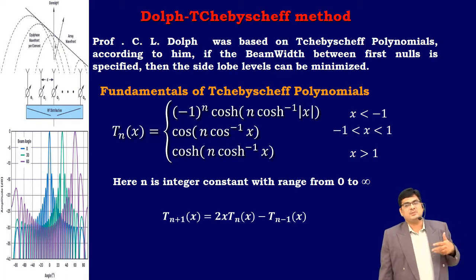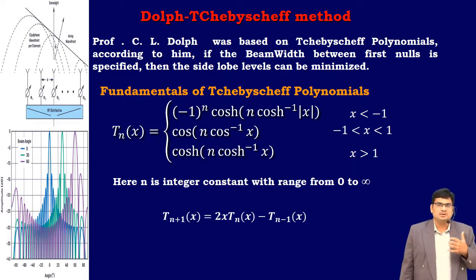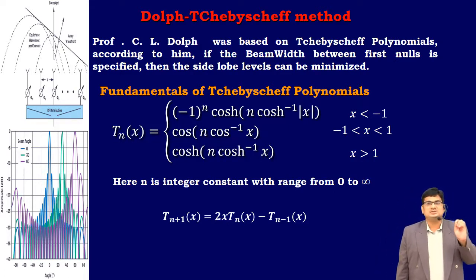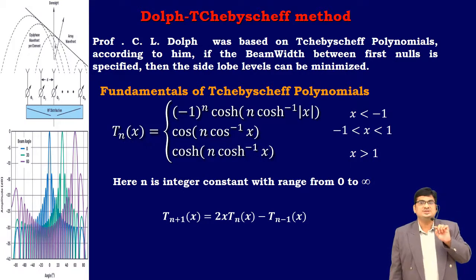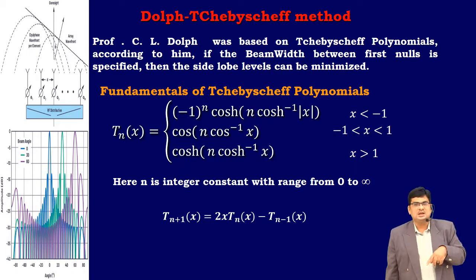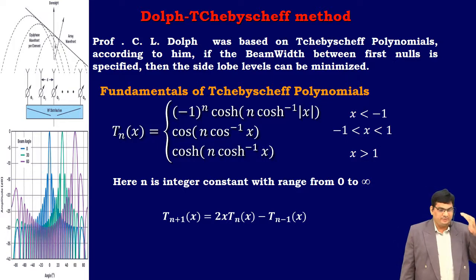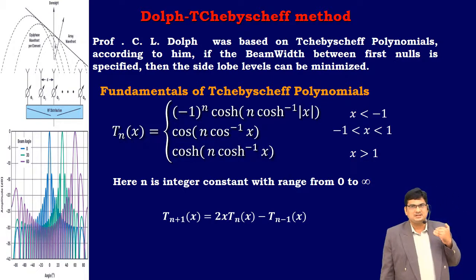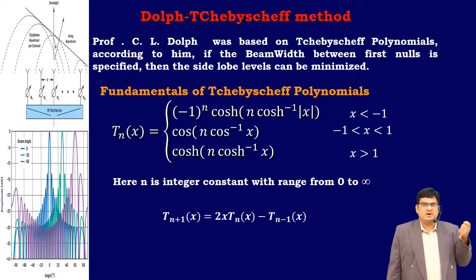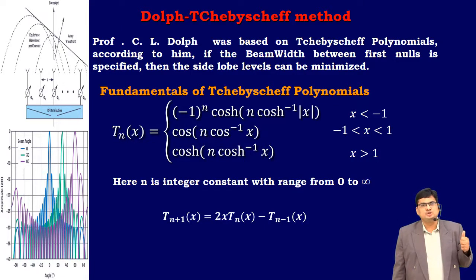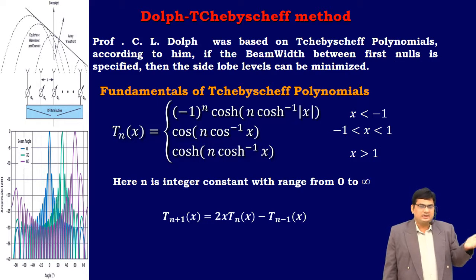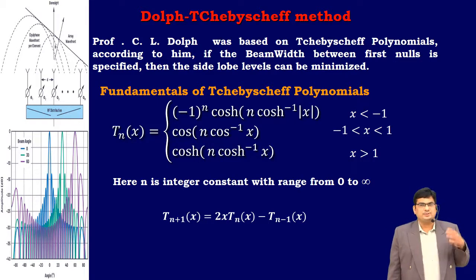If x is greater than 1, then the formula becomes cosh of n cosh inverse x. To find the Chebyshev polynomials, if you want the first polynomial, put n equal to 0. For the second polynomial, put n equal to 1, and so on.